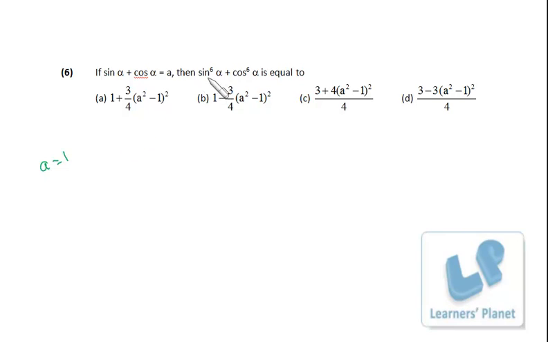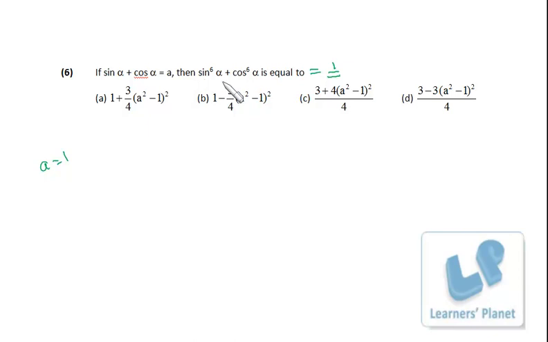Okay, that means sin 6 alpha plus cos 6 alpha will be nothing but 1. Because alpha is 0, this expression will be 0 and this will be 1. So among the options, put the value of a as 1 and try to get the answer as 1. Wherever you get the value of any of these options as 1, by putting the value of a as 1, that will be the correct answer, right?